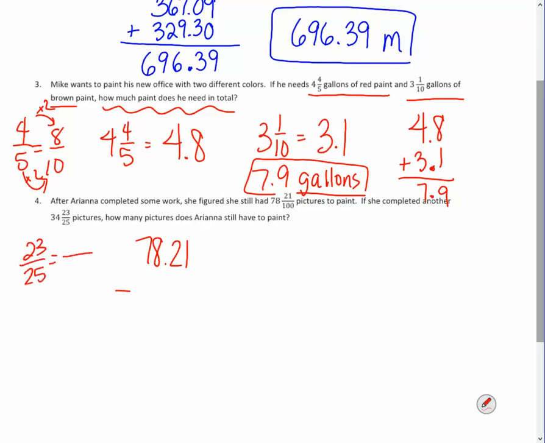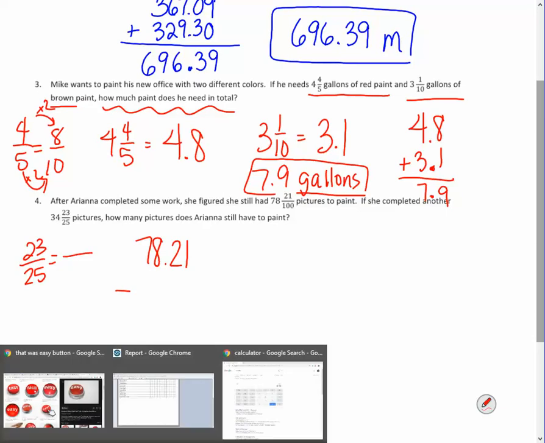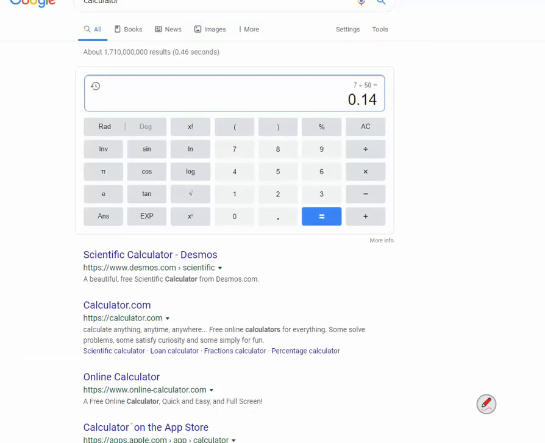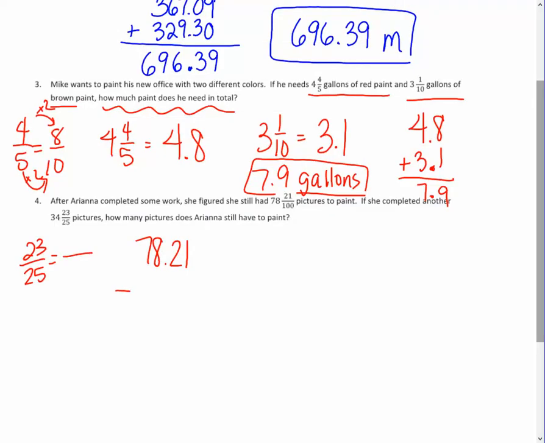We can scale it up. Now again, you can take your calculator and take 23 and divide it by 25. So let me do that. Hold on, 23 divided by 25.